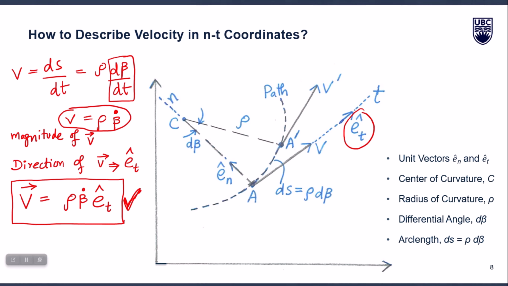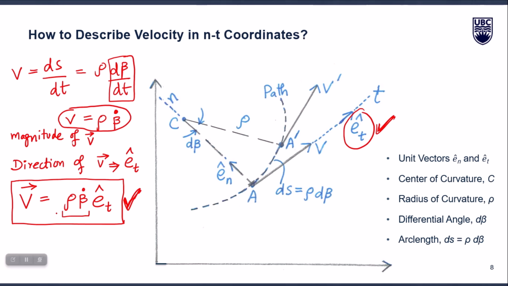E sub t is the unit vector in the tangent direction, and the magnitude of velocity will be equal to rho times beta dot, where rho is the radius of curvature and beta is the angle between the initial and final point which the curved path is making at the center of curvature, right? Dot represents the first derivative of the quantity, so beta dot means d beta by dt.